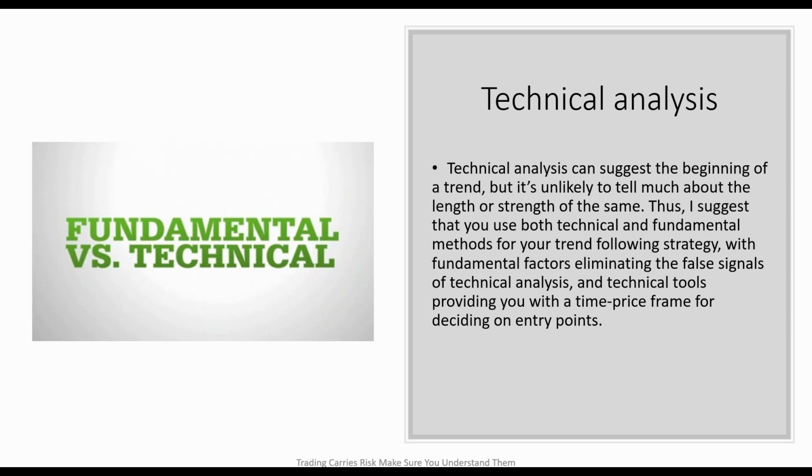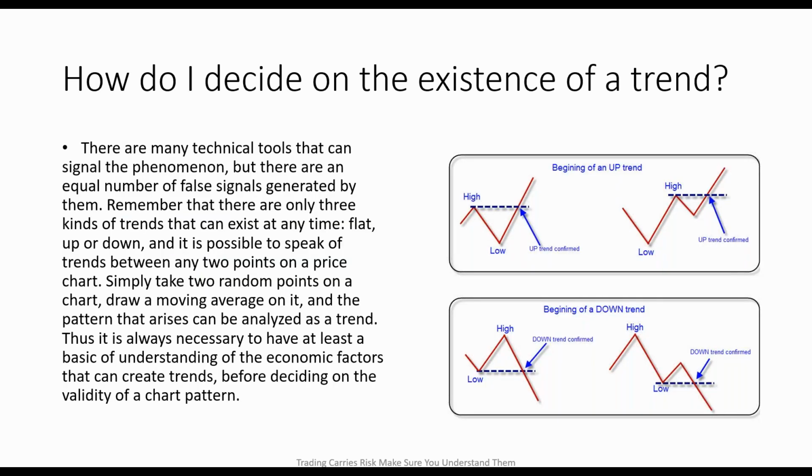With fundamental factors eliminating the false signals of technical analysis, and technical tools providing you with a time price frame for deciding entry points. Because once we found an asset that we think is trending, we want to look for an entry point, but we first have to decide on the actual existence of this trend.